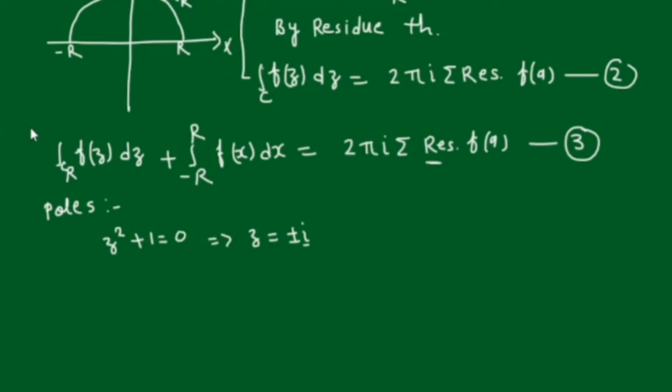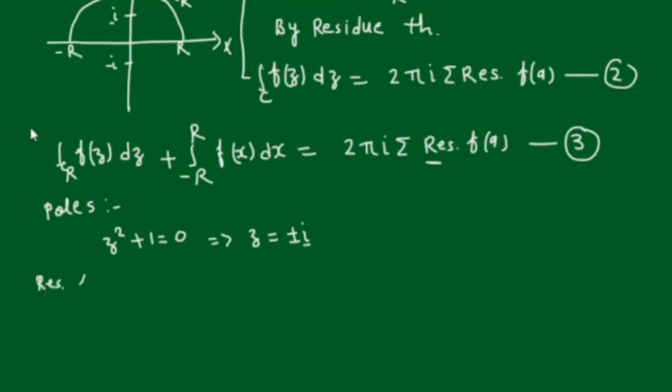For plus iota, the coordinates will be (0, 1), and for minus iota, the coordinates will be (0, minus 1). So the point iota will lie somewhere here, and minus iota will lie somewhere here. We see out of these two poles, only iota lies inside the circle. So we find out residue at z is equal to iota. We are getting simple pole here.